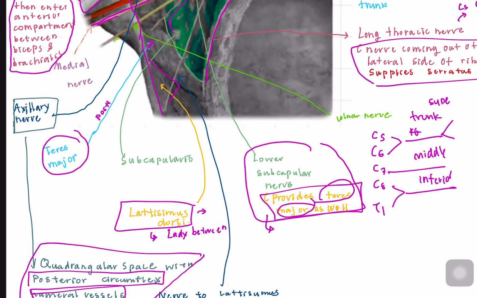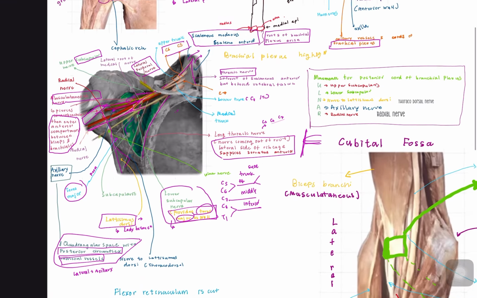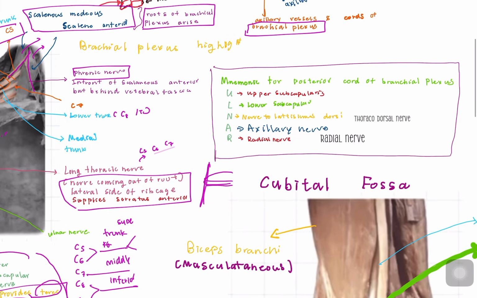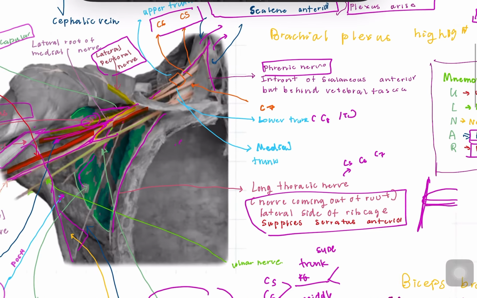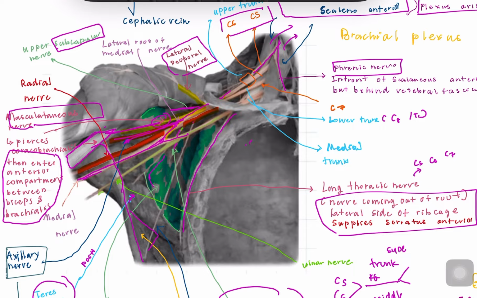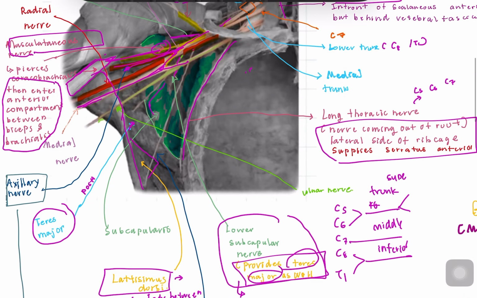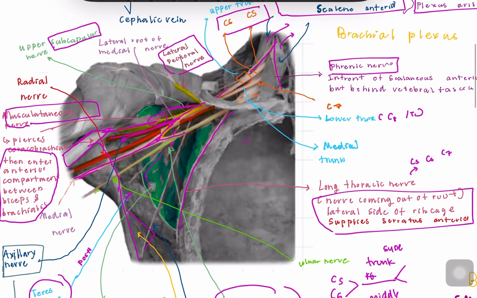So, in the lateral cord, we got the axillary nerve and the radial nerve, no, not those. Yeah. So the axillary nerve is there, coming from the posterior one.